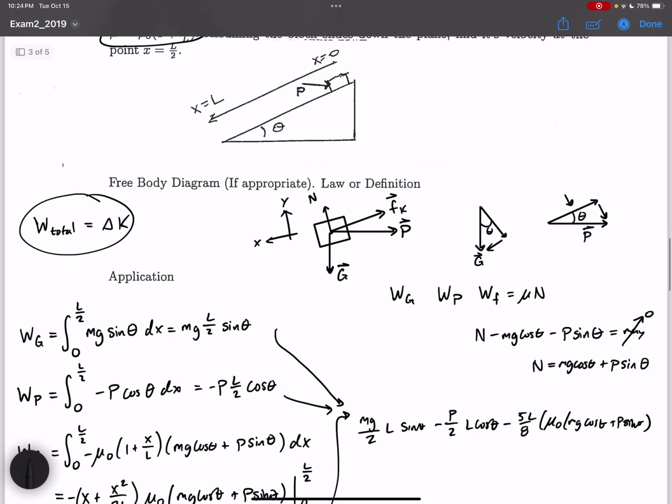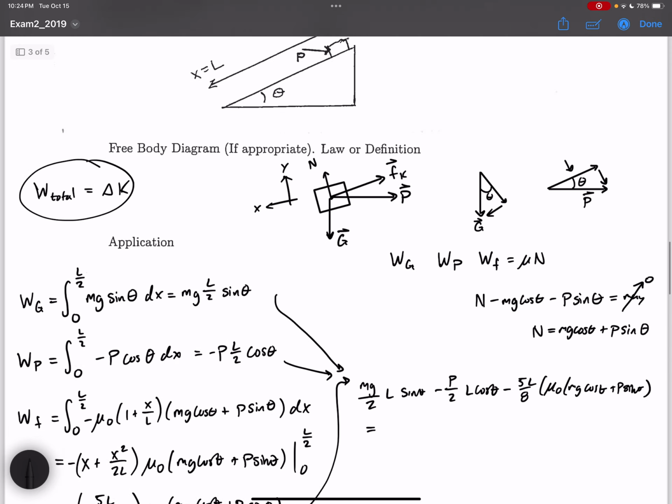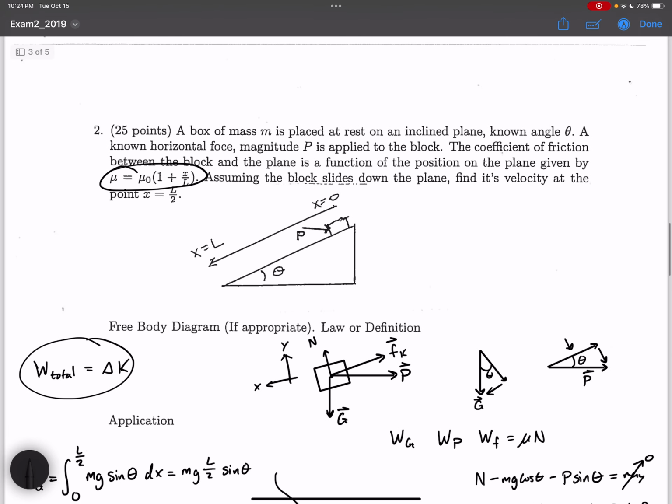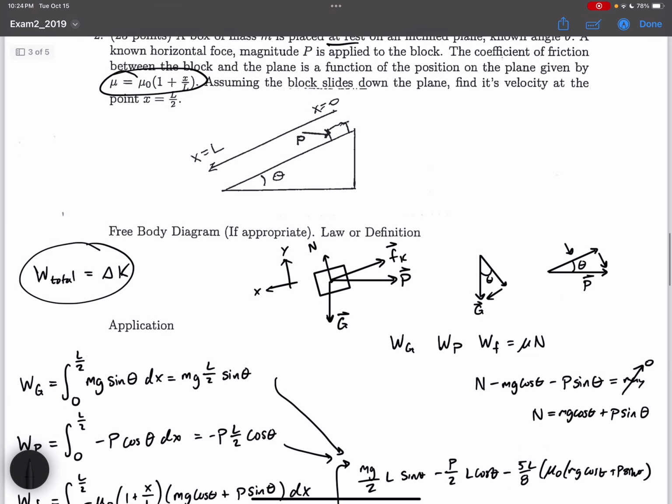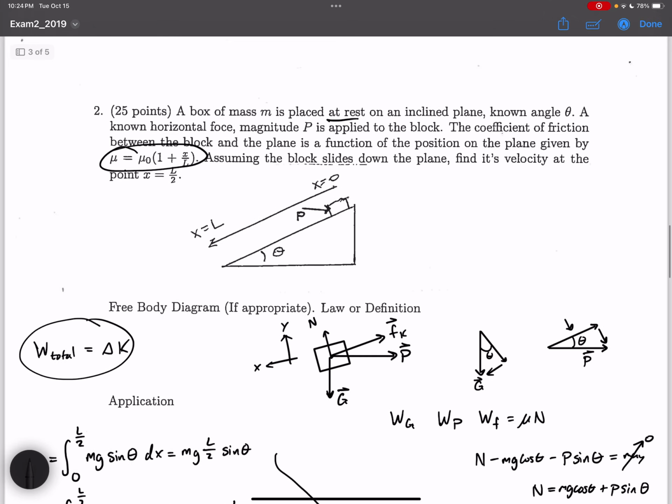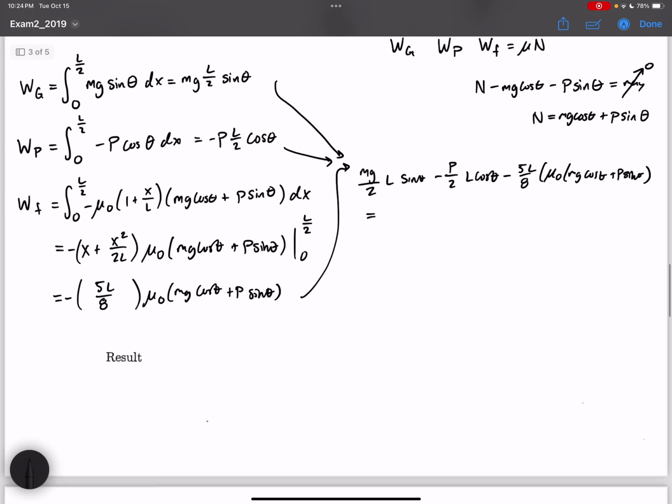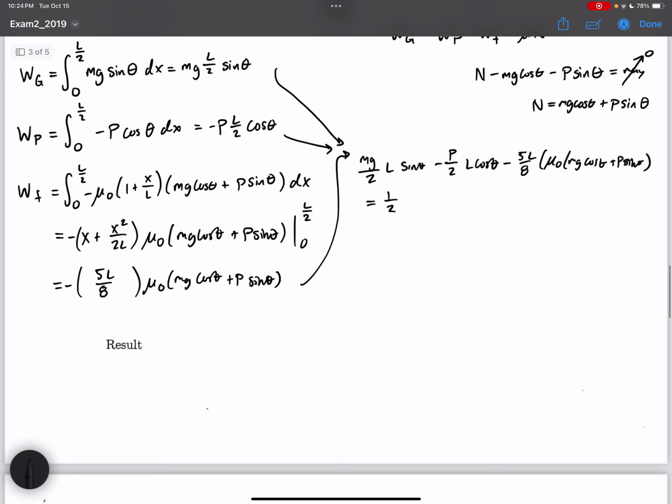Then this is going to be equal to the change in kinetic energy. It starts at rest, so the final velocity is what we're looking for. So ½mv² minus 0, since there's no kinetic energy at the start. So we're looking for this v final.